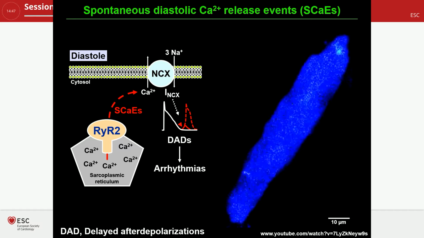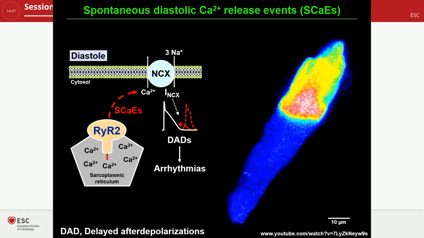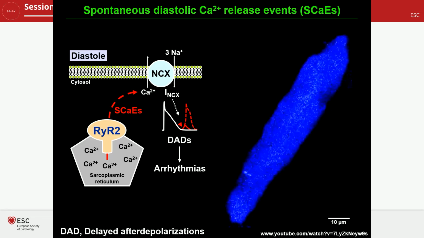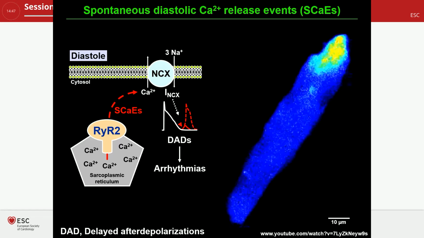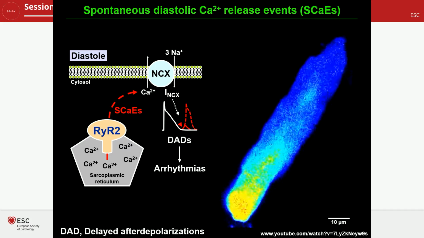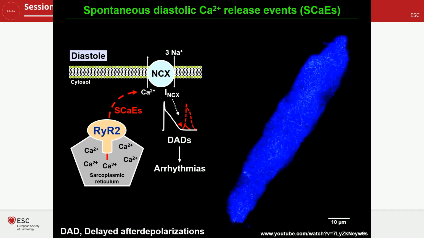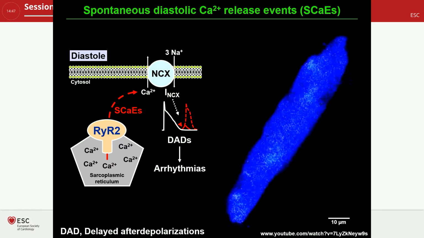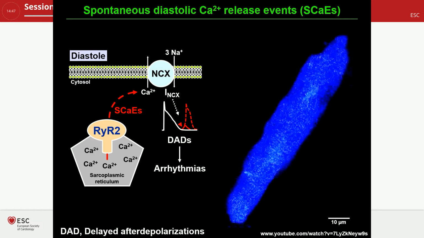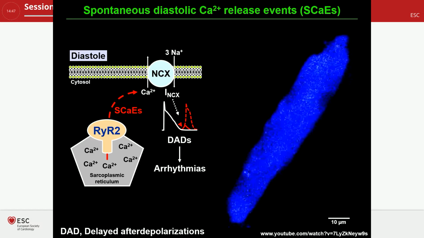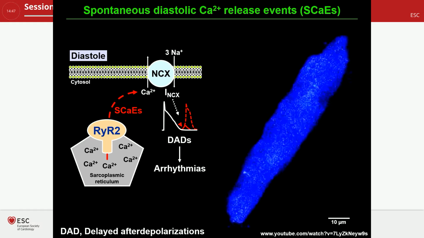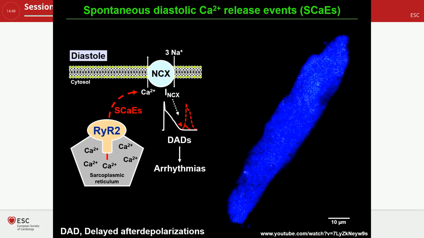This, as Katja already introduced, is an electrogenic process which can depolarize the membrane potential during diastole, causing so-called delayed afterdepolarizations. If these delayed afterdepolarizations are large enough, they can trigger a new action potential and initiate arrhythmias. So in this study, we hypothesized that DADs can contribute to arrhythmias.